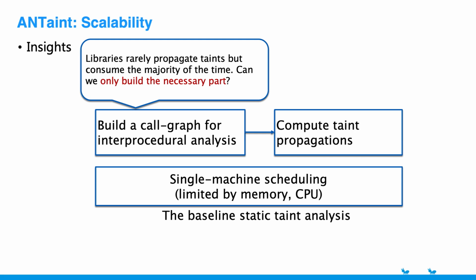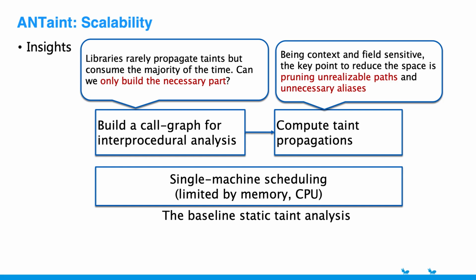In the stage of computing taint propagations, we observe that, being context and field sensitive, the main task is exploring the space of the interprocedure control flow graph and searching for alias. Thus, the key point to reduce the space is pruning unrealizable paths and unnecessary alias.